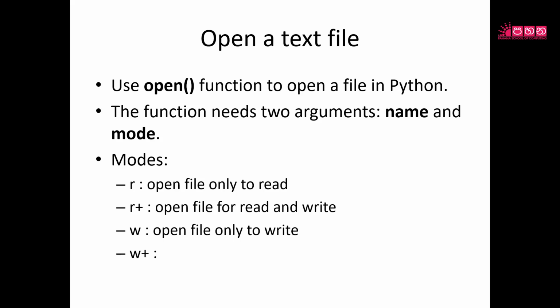And then A, if you already have the data, you are going to append the data at the end. We call it A. A plus, we can use to read the data, and then you can append the data together.